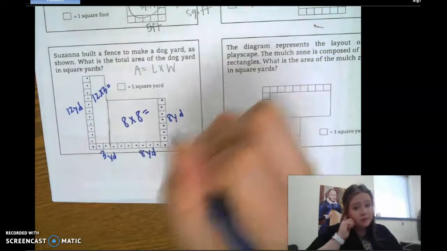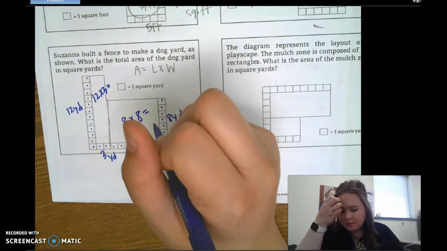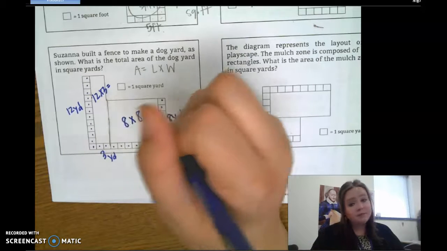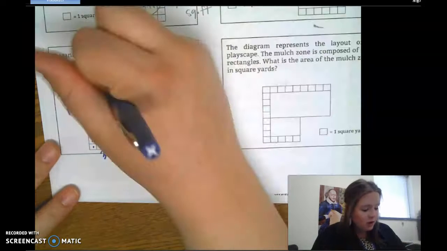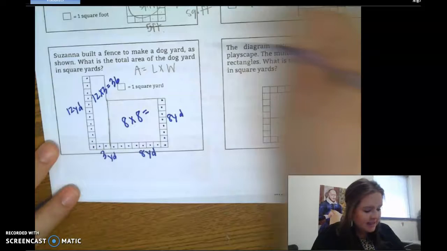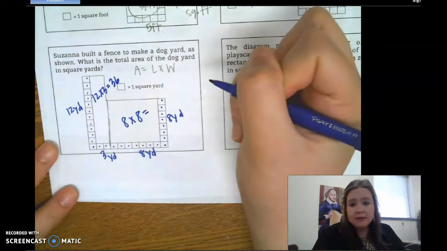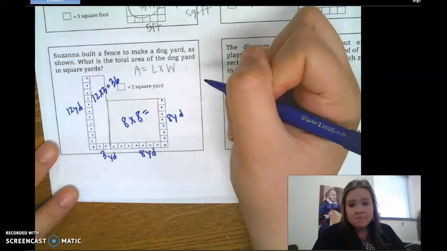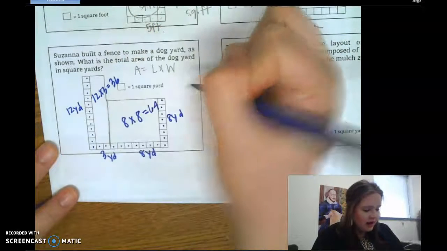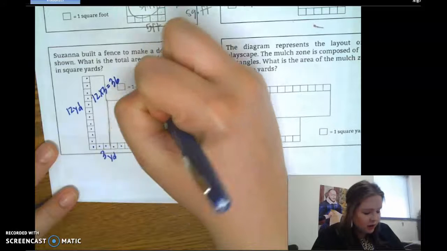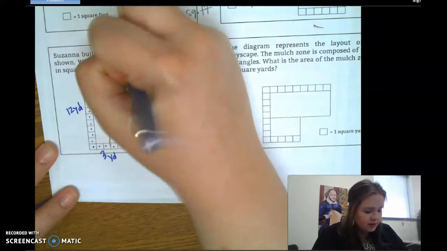What does 12 times 3 equal? Good. 12 times 3 equals 36. And 8 times 8 equals 64. All right. 64 square yards, 36 square yards.